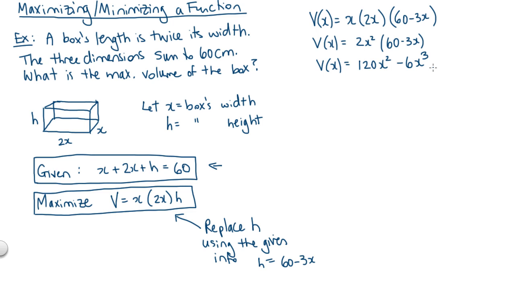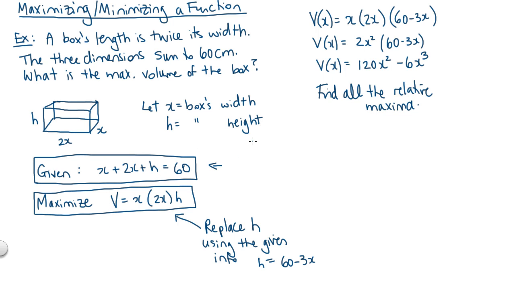Okay, well now we're going to go back to some of our techniques that we saw in the curve sketching section. We are now going to find all the relative maximum points for this function. So let's find all the relative maxima. Remember, what we're trying to do is maximize the volume of the box.